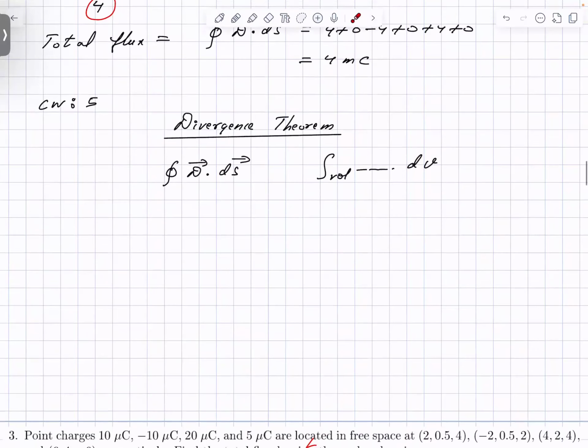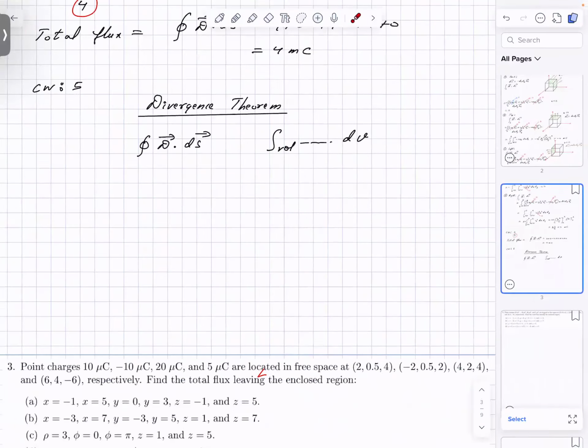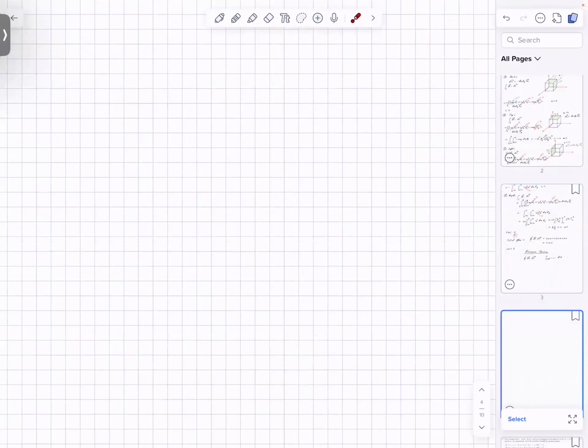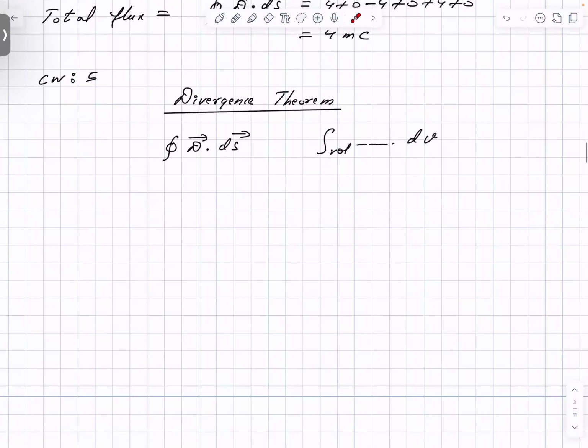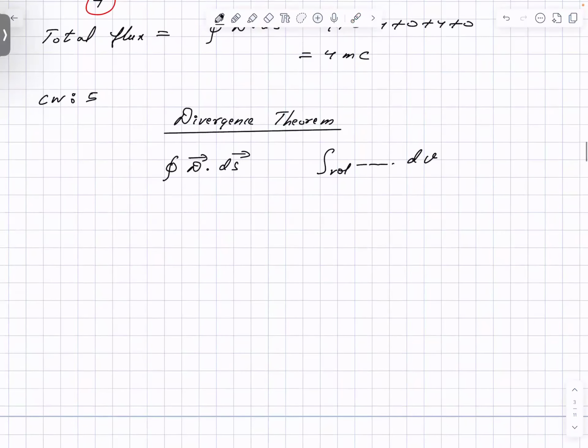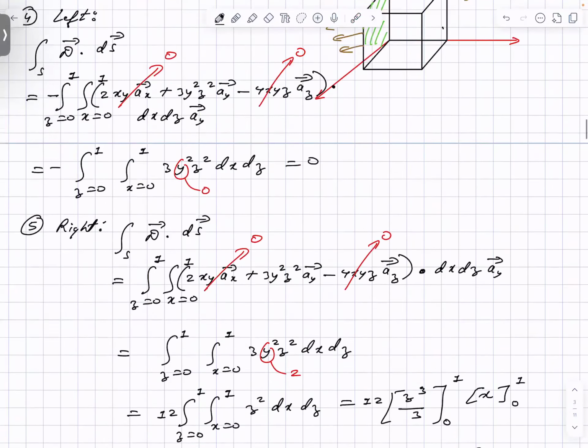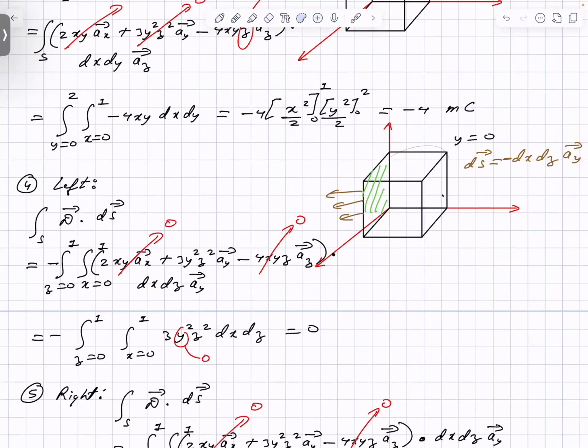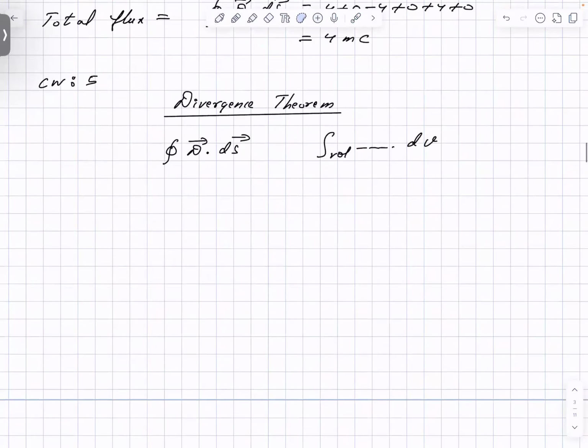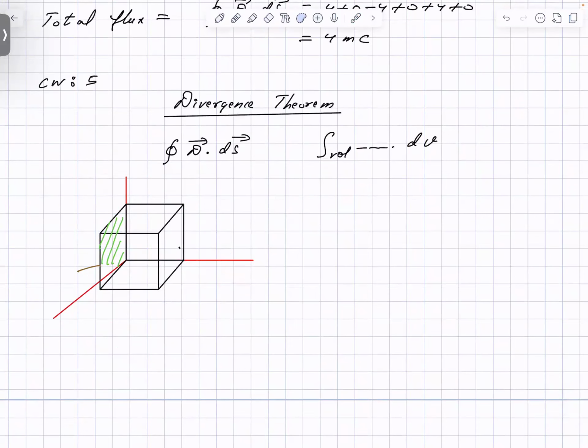And to understand this theorem, what we're going to do is consider a box again. We already have a box, so let me copy that. You know where the axes are, so I don't need to draw that.